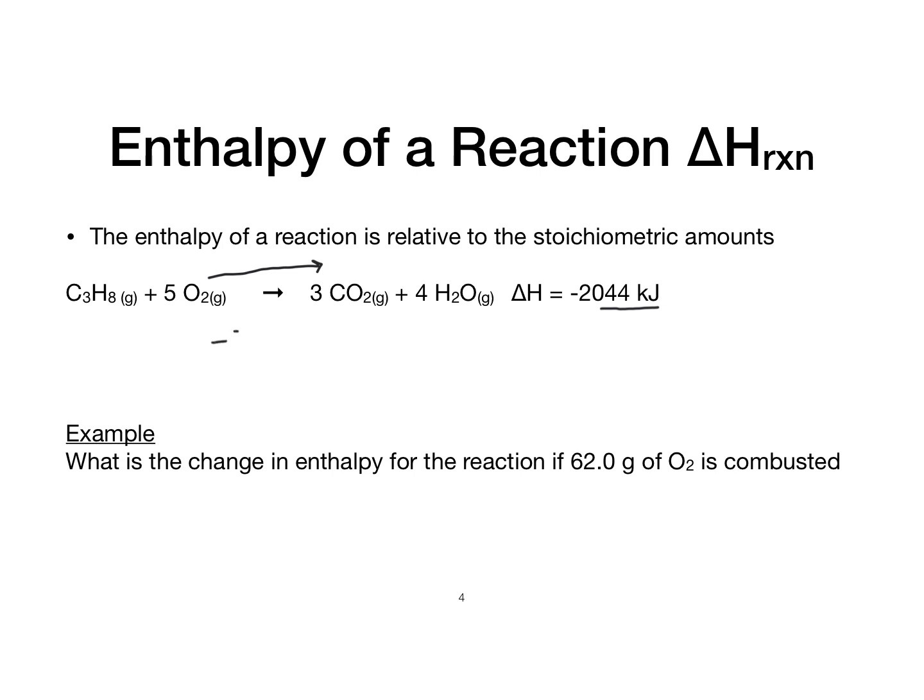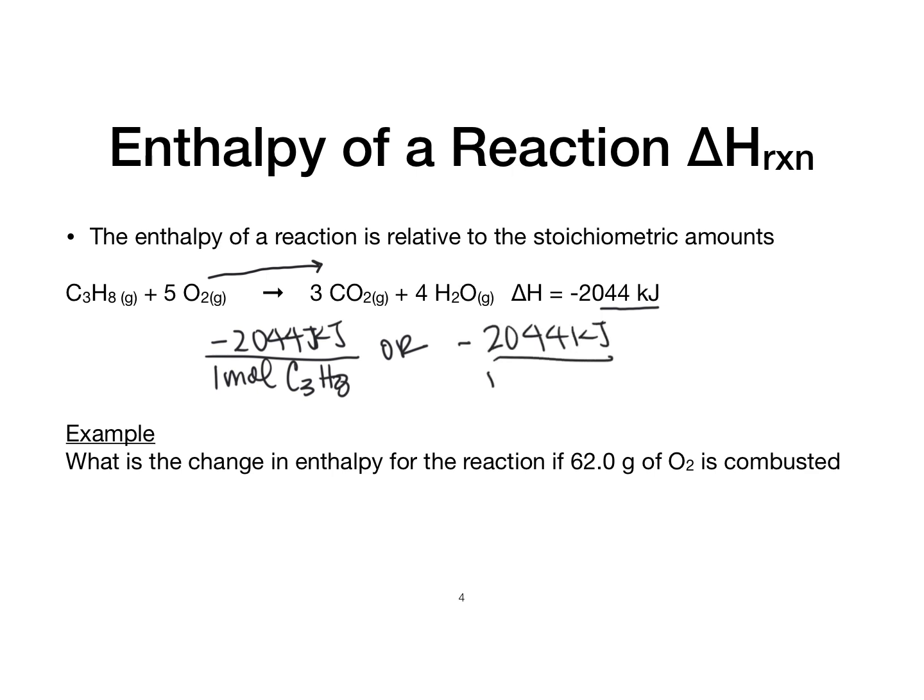So it is negative 2,044 kilojoules per 1 mole of C3H8, or negative 2,044 kilojoules per 5 moles of O2, or 3 moles of CO2, or 4 moles of H2O. So these per moles come from the balanced equation.